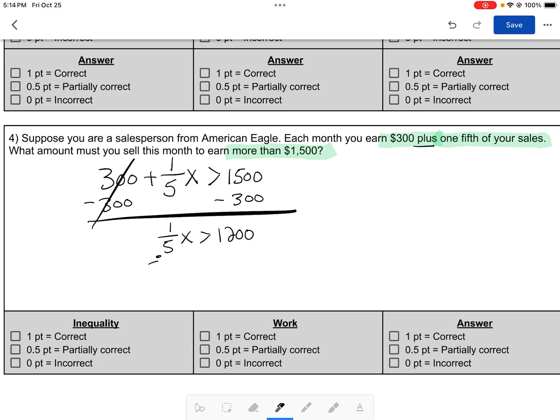I need to multiply both sides by 5, which is the reciprocal of 1/5. And when I do that, I get X is greater than $6,000. So our answer is X is greater than 6,000. So you must sell more than $6,000 worth.